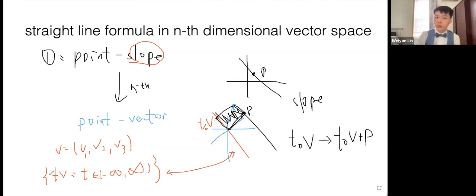And we do it for every point on this red line so that we get every point on the actual line.